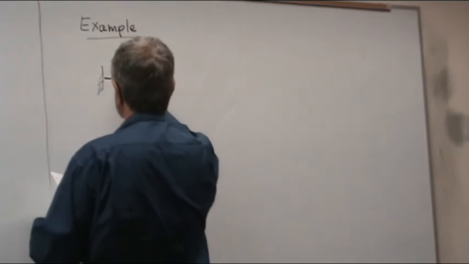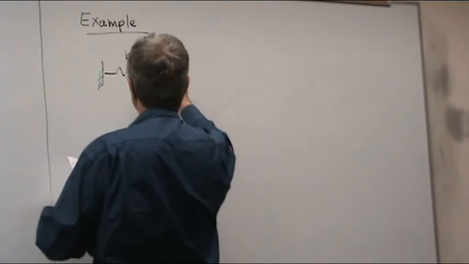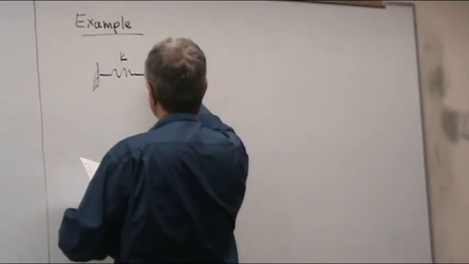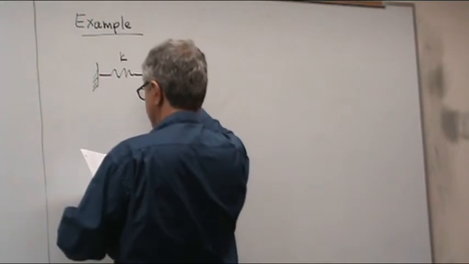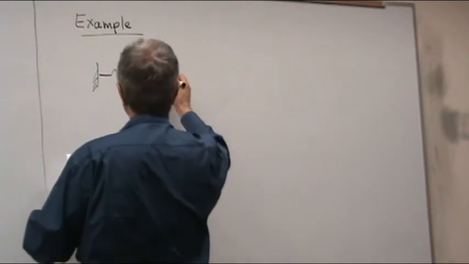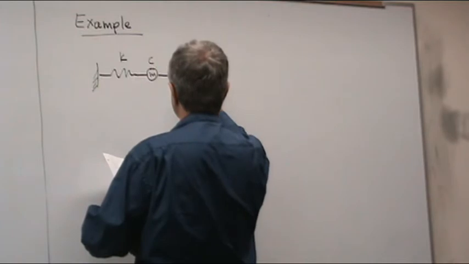We have this system. A spring is connected to the wall. We have a mass M, and we call this point C. We have a damper.